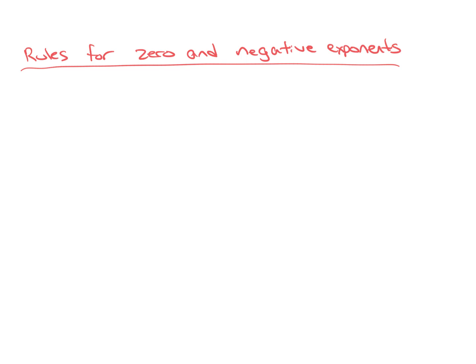Okay, first rule is going to be for an exponent of 0. So I'm going to write any value to the exponent 0 equals 1.